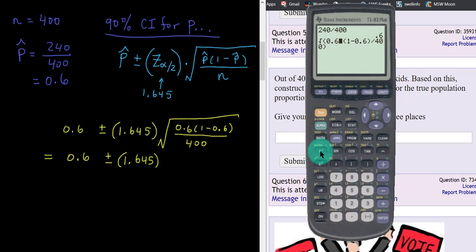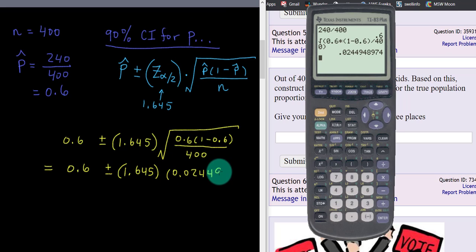I forgot to put the multiplication symbol here. I accidentally just typed an 8, so there we go, 0.0244. I'm going to write more decimal places here so I don't round too prematurely.